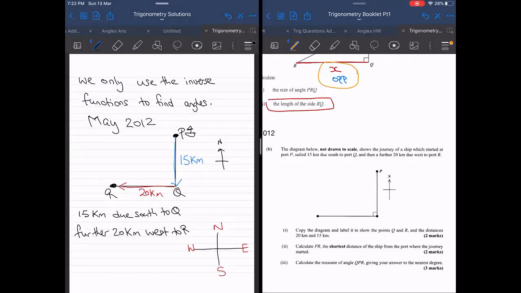They then want you to calculate the shortest distance of the ship from the port, which is PR. So they're calling this distance PR, they want to know what is that distance. And your hint is to use Pythagoras theorem, because what did I say? We can use Pythagoras theorem once we have two sides.